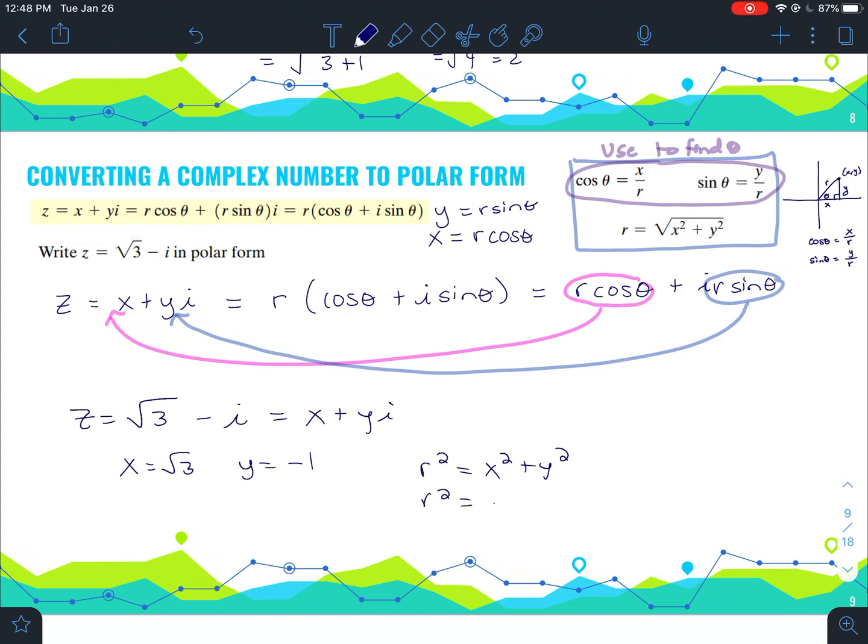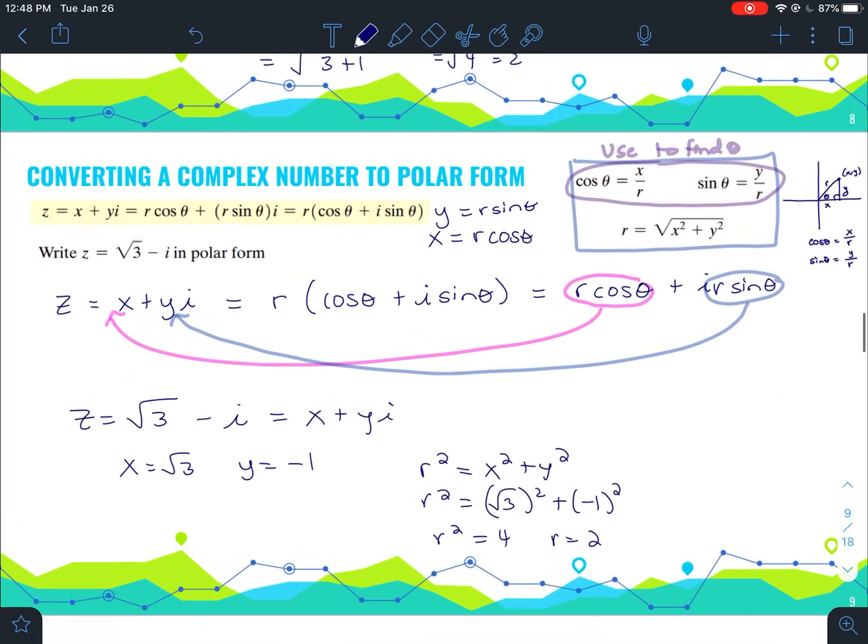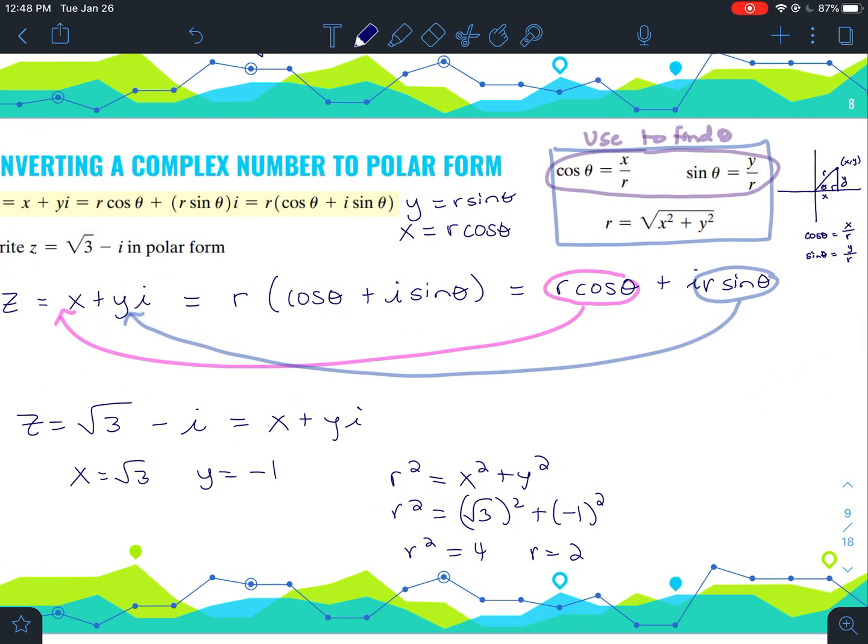So r squared is going to equal the square root of 3 squared plus negative 1 squared. So r squared is going to equal 4, so r is going to equal 2. So now I know that r, or the radius in polar form, is going to be 2, or it's the modulus or magnitude of z. So r is also the magnitude of z, which is the square root of x squared plus y squared.